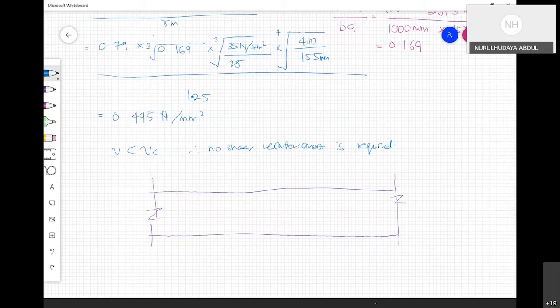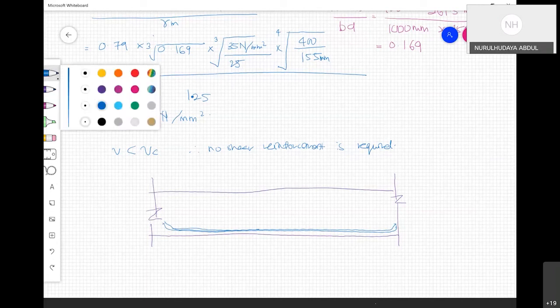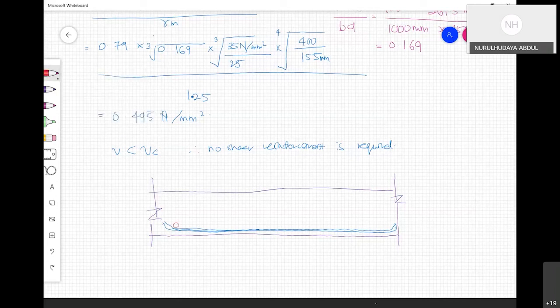And then dia punya, okay, ini adalah dia punya main steel ataupun main bar. Maafkanlah lukisan yang ugly ni. So it doesn't matter how many, but kita consider spacing, kita bukan kisah pun berapa biji number dia.